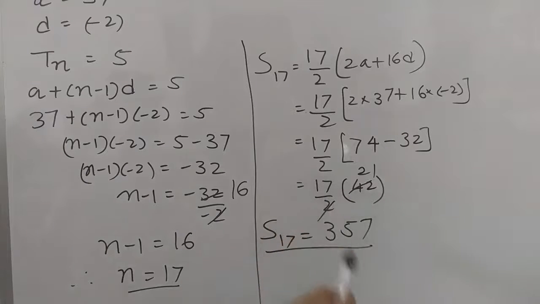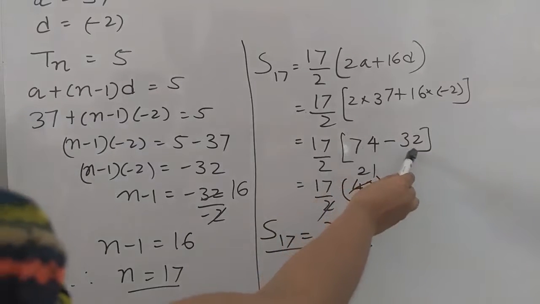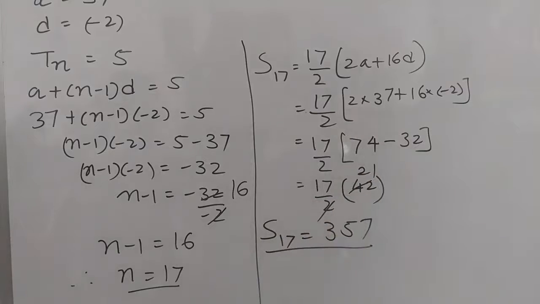Here 17 by 2, 74 minus 32 is 42, and dividing by 2 we get 21. So the S17 value is 357. So we have completed question number 18: the sum of all the plants is 357.